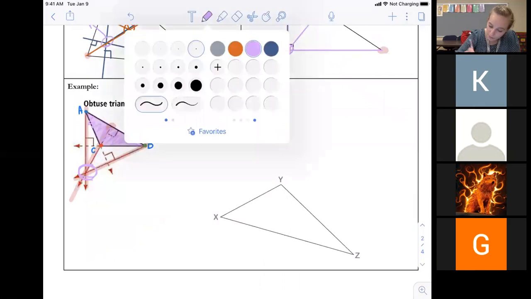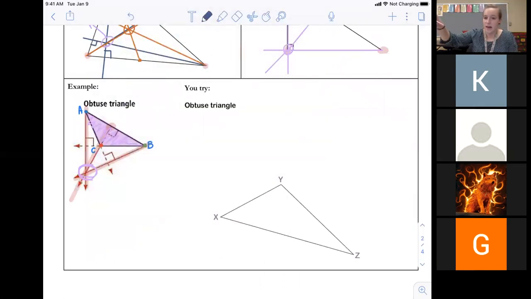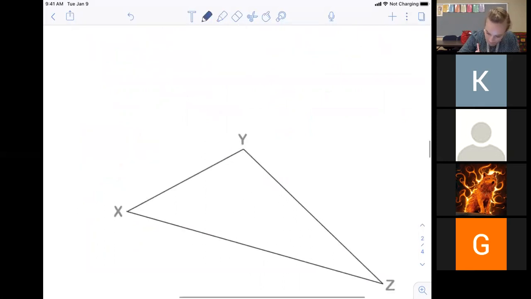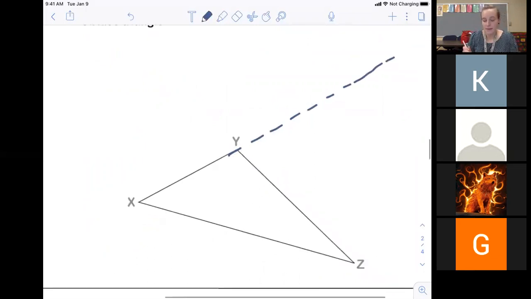Before I draw it, I'm going to extend the sides XY and YZ. I need to zoom in a little bit, sorry. If I want to find out where they're perpendicular, I need to extend the sides out a little bit. Ooh, that's bad. You may need to physically move your paper because I can't just eyeball it as I go.